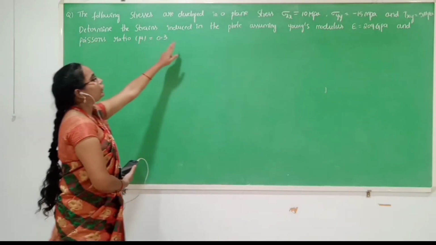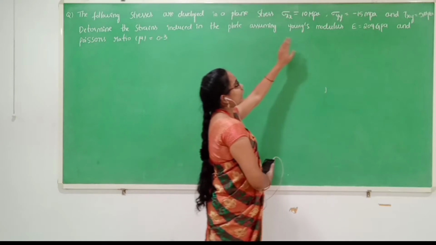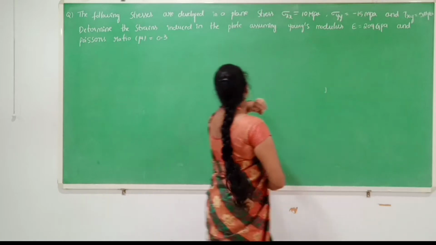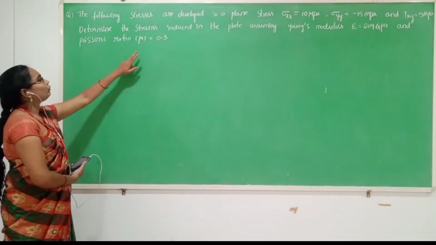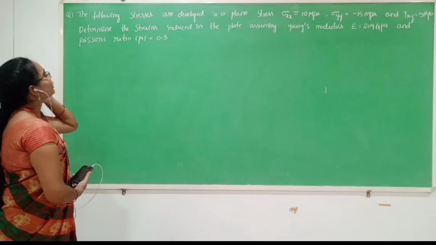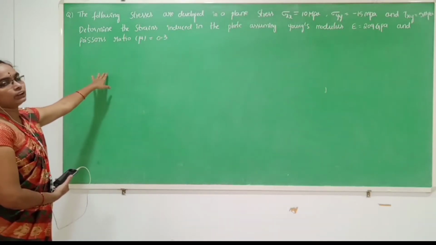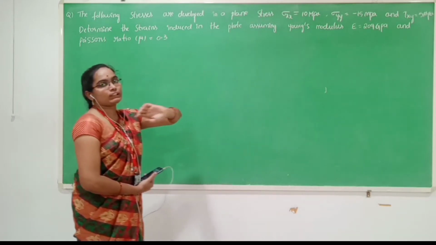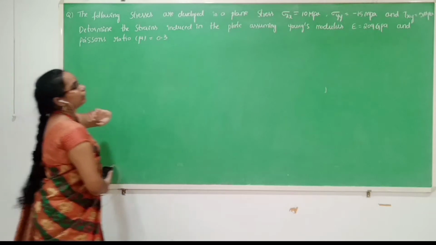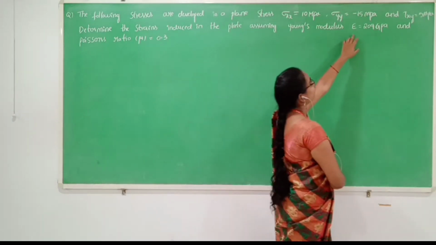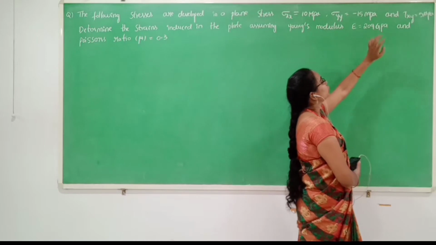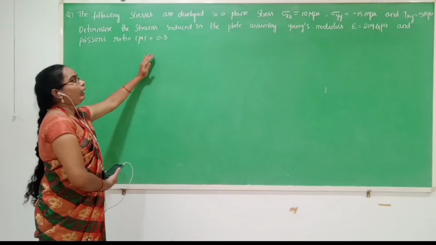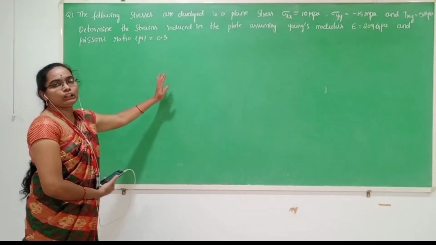Determine the strains induced in the plate, assuming Young's modulus E is 209 gigapascal and Poisson's ratio mu is 0.3.